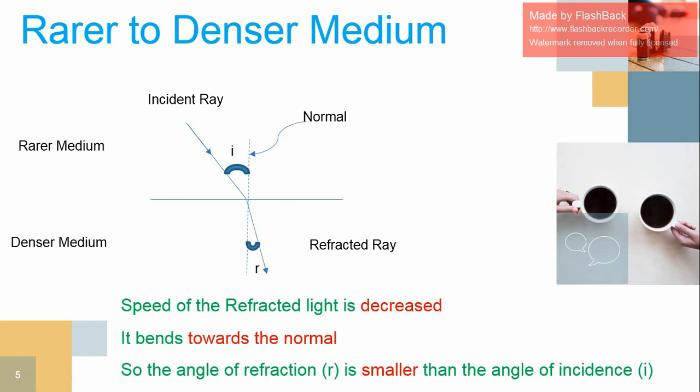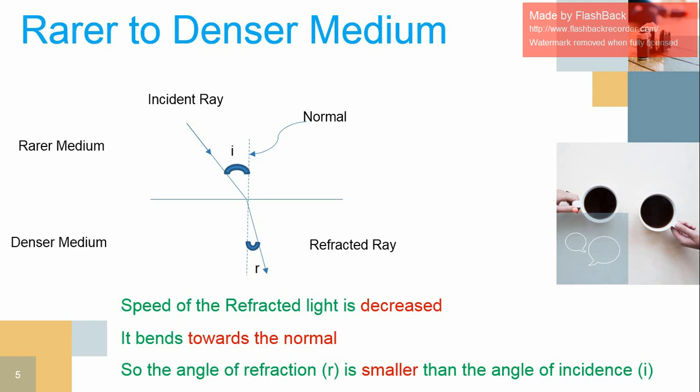Here the speed of light is decreased, because the speed of light in the denser medium is lesser than the speed of light in the rarer medium. The light changes direction. Here light bends towards the normal, as already discussed in the previous classes.